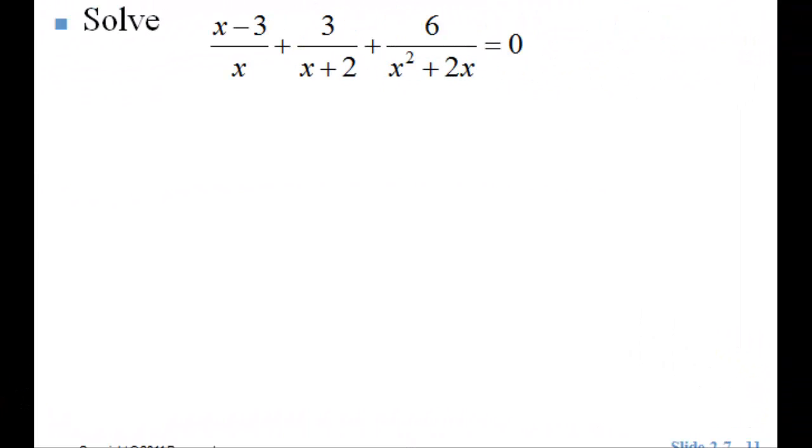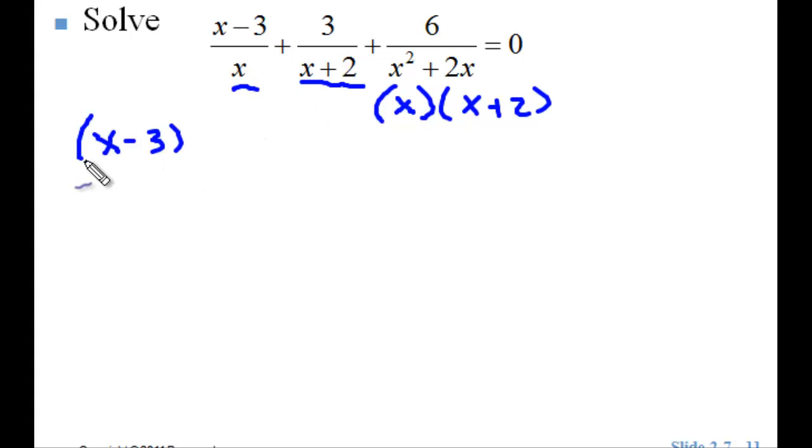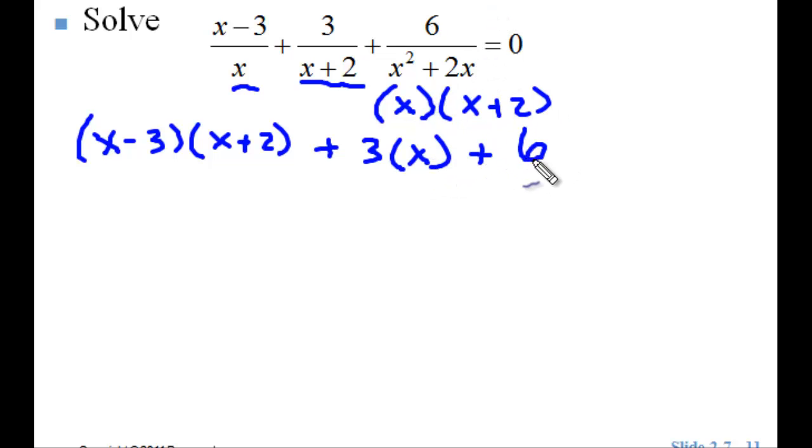One more example here. If we factor this, we'll have x and x plus 2. Again, the parts are there. So multiply the top by the missing parts. We have x minus 3 times x plus 2 plus 3 times x, and there's no missing parts there, so it's just plus 6 is equal to 0.